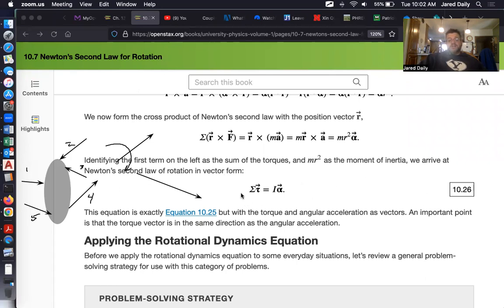because you're always going to get the sum of the torques equals I times alpha for the system, but you will also get the sum of the forces in the x direction equals the mass times the acceleration in the x direction. If it's not accelerating, then the sum of the forces in the x direction has to equal 0. You also get the sum of the forces in the y direction equals the mass times the acceleration in the y direction.